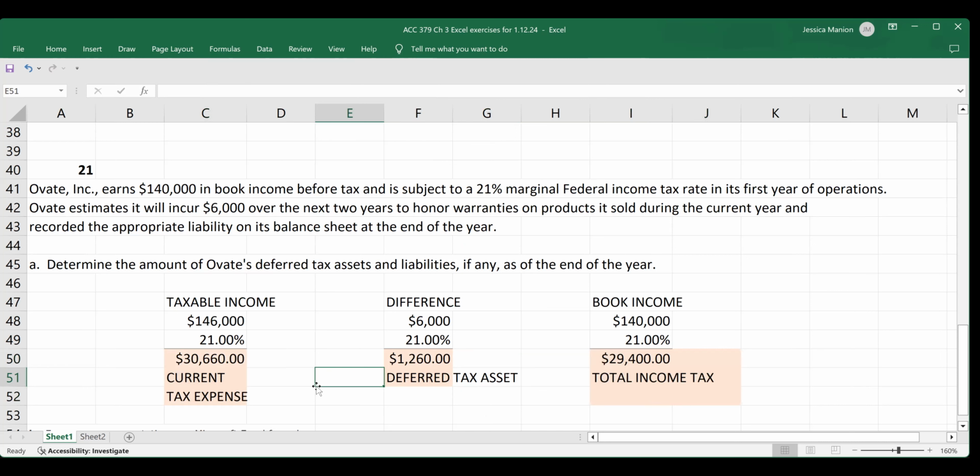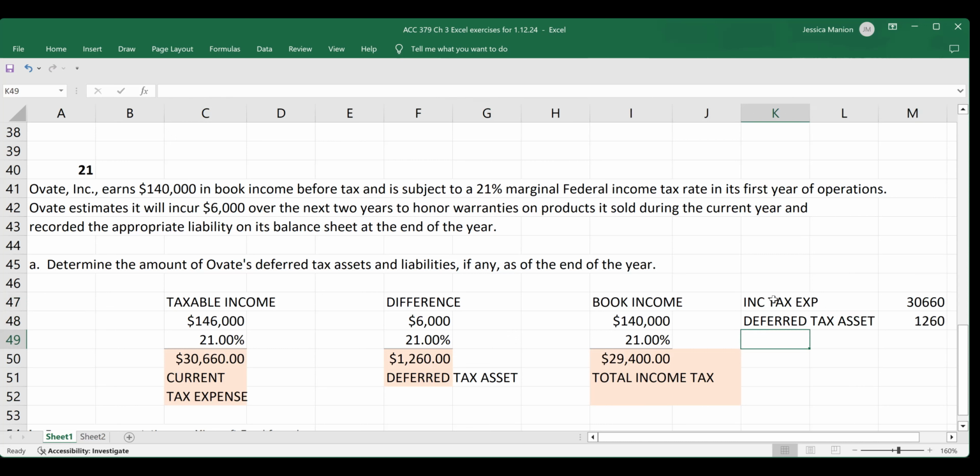That's right. So we saw what that journal entry would look like, right? We would debit income tax expense for the 30,660, debit deferred tax asset, 1,260.